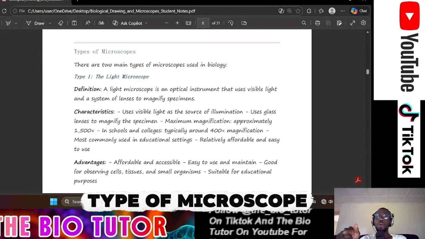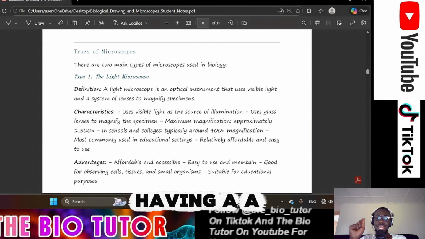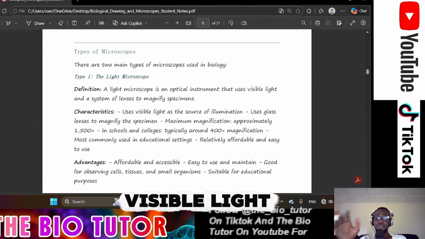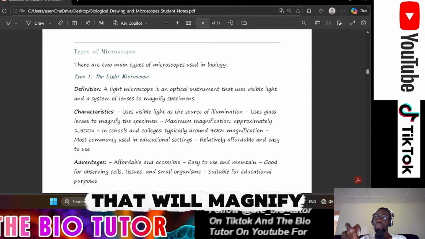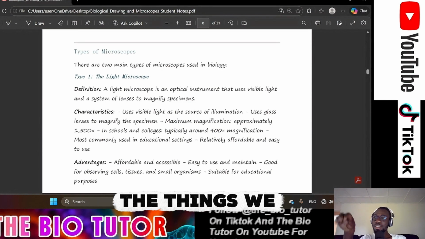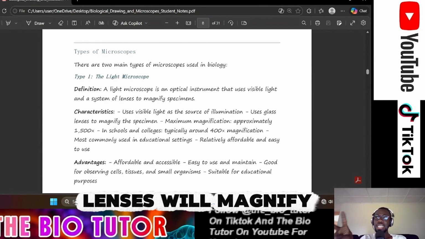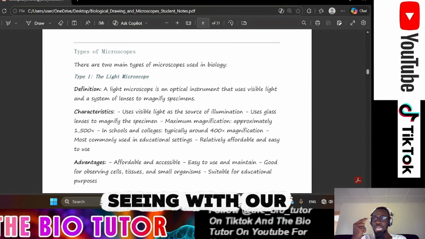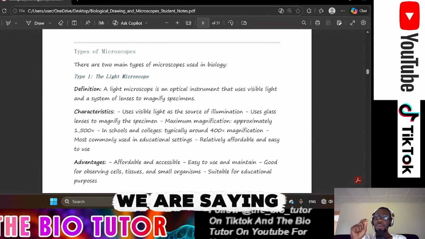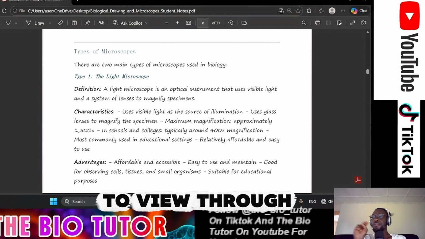This type of microscope has a visible light and a system of lenses that will magnify the things we are not seeing. So the combination of the light and these lenses will magnify the tiny organisms we are not seeing with our naked eye. The reason why we say a microscope is an optical instrument is because we use our eyes to view through.